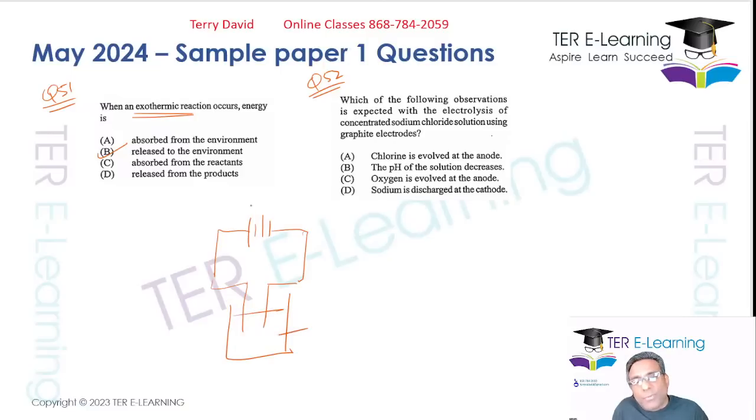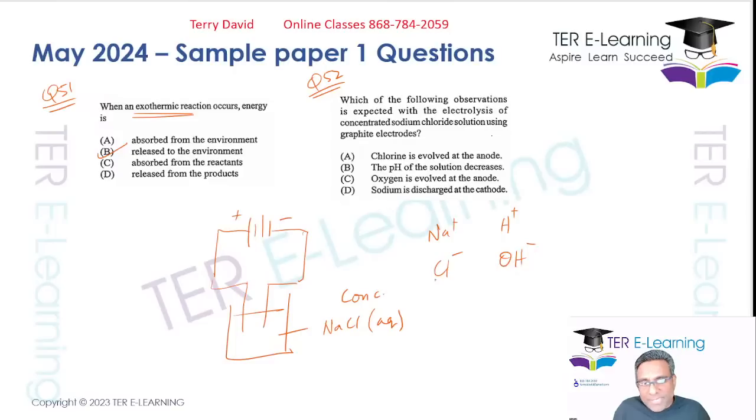Now, solution wise, this is positive, this is negative. What are we using here? Concentrated sodium chloride, so NaCl, aqueous, but it's concentrated. In terms of ions present, we have Na plus, Cl minus, H plus from the water, and OH minus from the water.